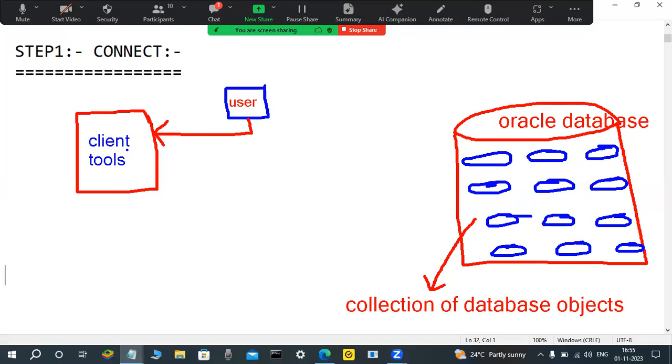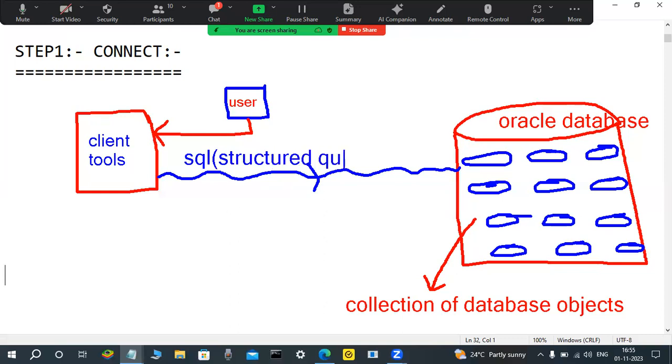Then only through this client tool these users connect to the server, the Oracle server, and then only they use SQL language, structured query language. I will show you practically also, don't worry. Structured query language.